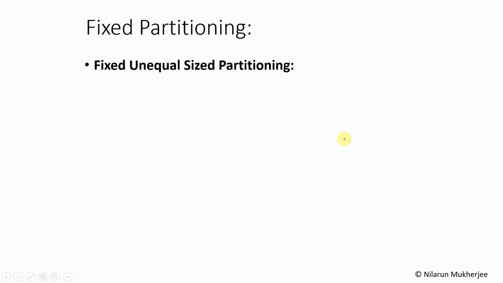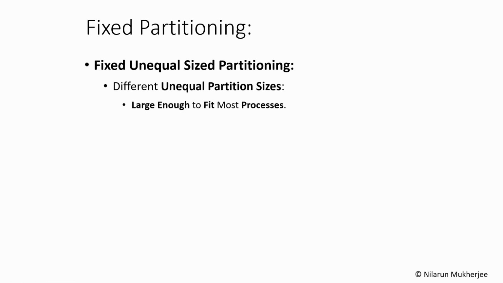The next algorithm is fixed unequal size: different unequal partition sizes, large enough to fit most of the processes. As we can see, the previous equal version has a lot of limitations. Suppose we assume 4 kb partitions; we cannot fit 6 kb, which is greater than 4 kb.